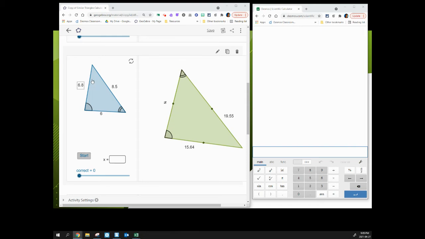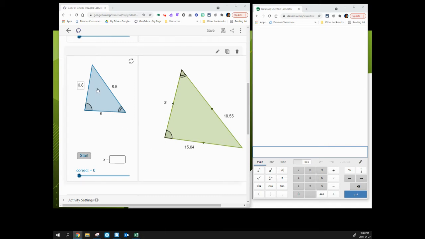Notice that the triangles have angles that show no markings, one line or two lines. And those angles in one triangle are equal in the second triangle. So for example, in the blue triangle, the angle that has no markings is equal to the angle in the green triangle that has no markings that is being shown here.